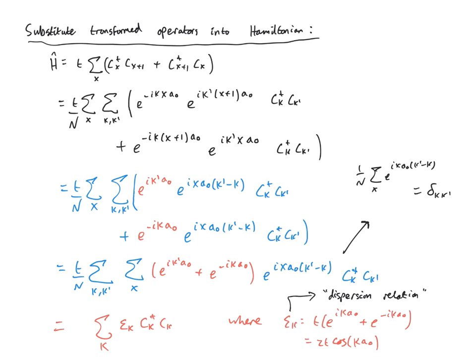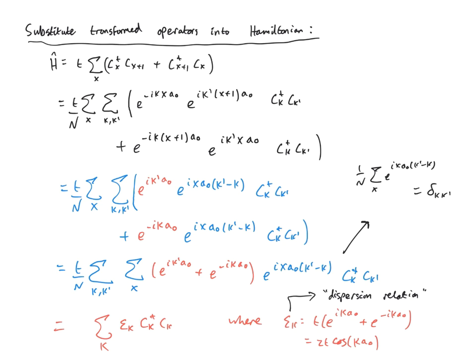It tells you the relation between the energy and the momentum. And of course, this k can be understood as a momentum, because we take the position x, we do a Fourier transform, and we get the momentum k. Position and momentum are Fourier conjugates.